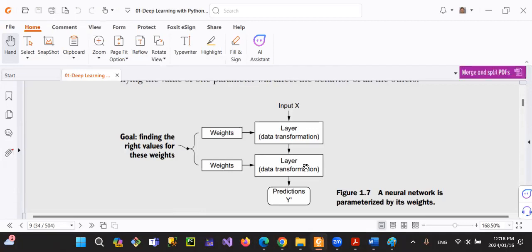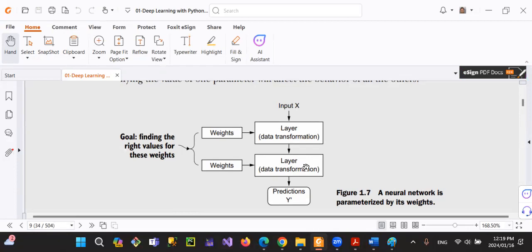The number that we can see on top of the page, 34. So now you take the loss score, and then you put it into the optimizer.